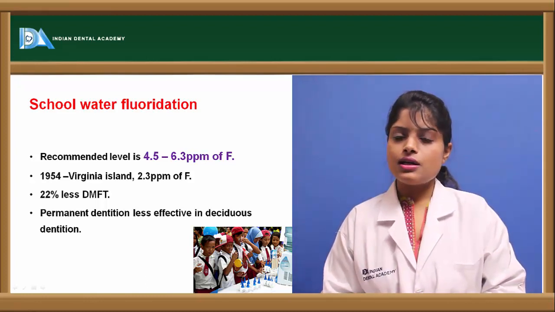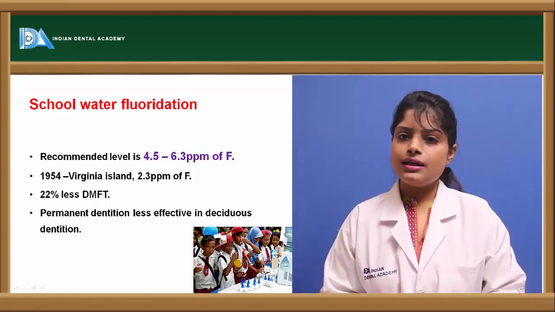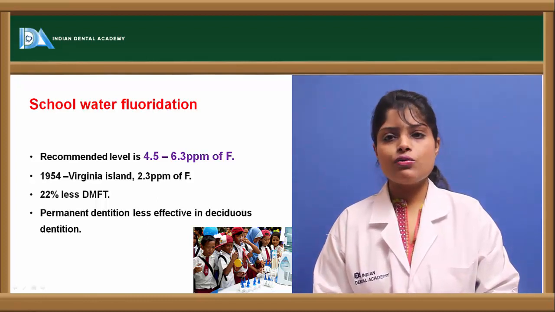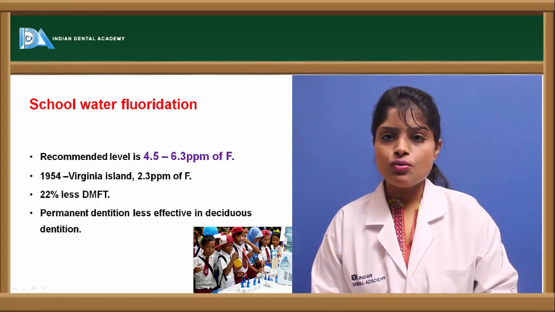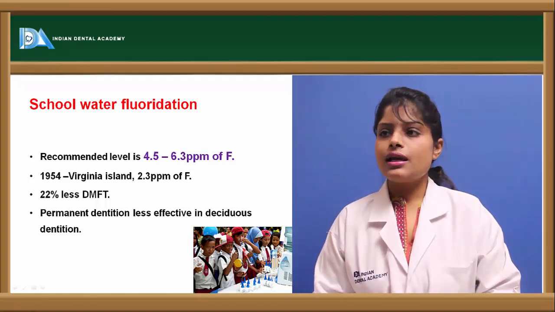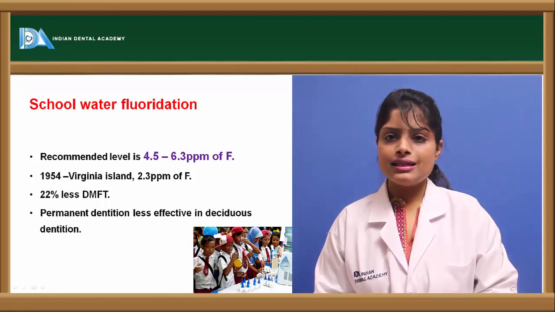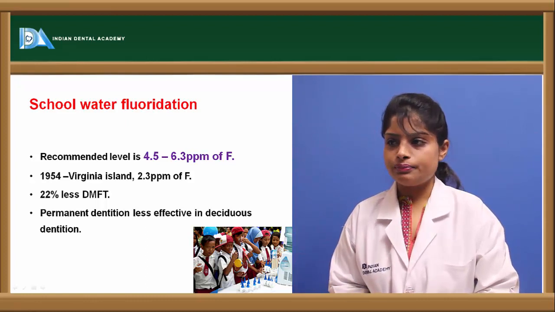It was first conducted in the Virgin Islands in the US in 1954, where 2.3 ppm of fluoride was added to water, and studies indicated a 22% decrease in DMFT, the decayed, missing, filled teeth indices, in those school-going children.